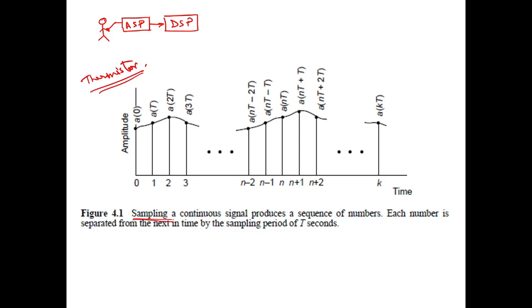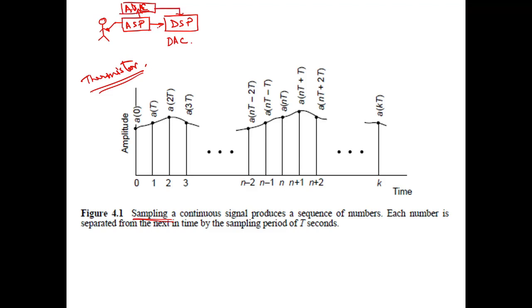Okay, and then within the digital signal processor itself, in many processors, you will find that there is a digital to analog converter. Okay. So again, sorry, I missed one step. After analog signal processing, you will have the analog to digital converter, ADC.